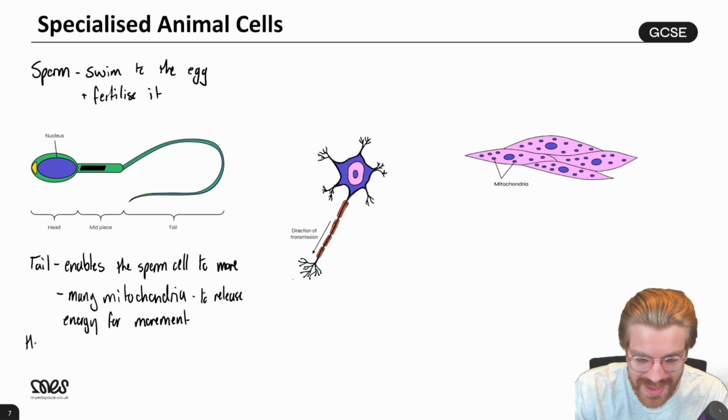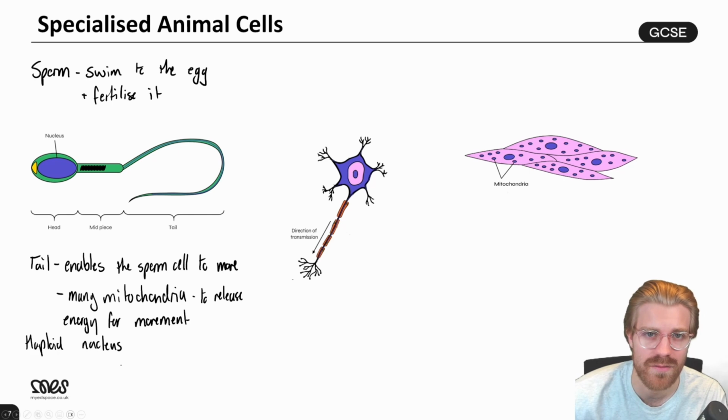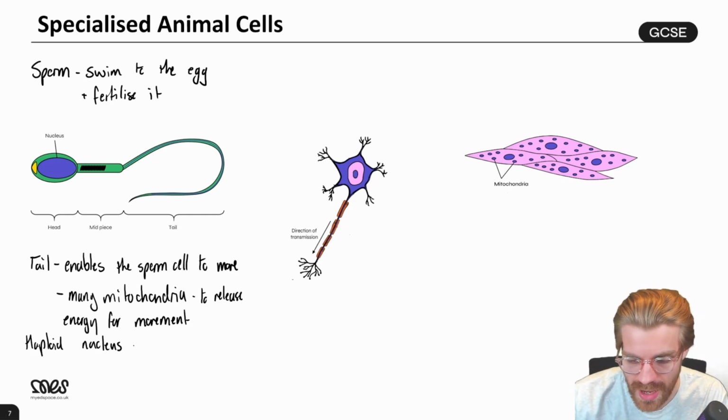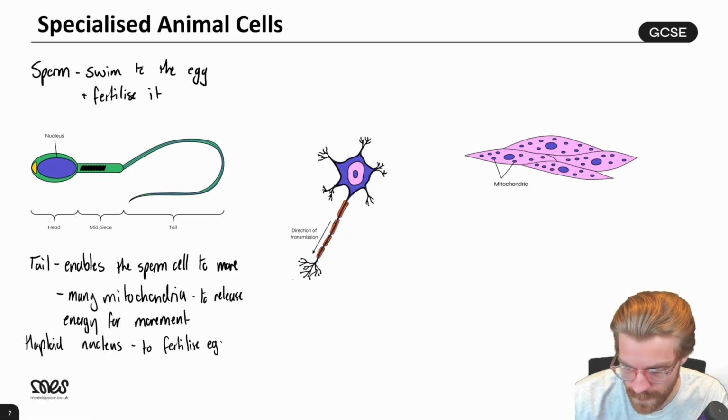We say that it has a haploid nucleus. If you're not sure what that word haploid means, go check out my other videos where I break down and explain meiosis. The haploid nucleus enables the sperm cell to fertilize the egg. The nuclei fuse together to form a diploid nucleus.